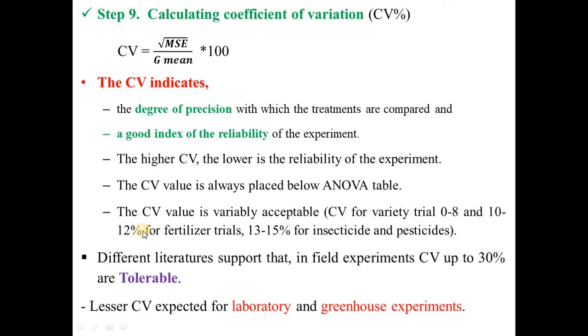But when we review different literatures, they suggest that in field experiments, CV up to 30% is tolerable, and a lower CV is expected from laboratory and greenhouse experiments, because the sources of variation in the laboratory and the greenhouse experiments are lower than those of the field experiments.